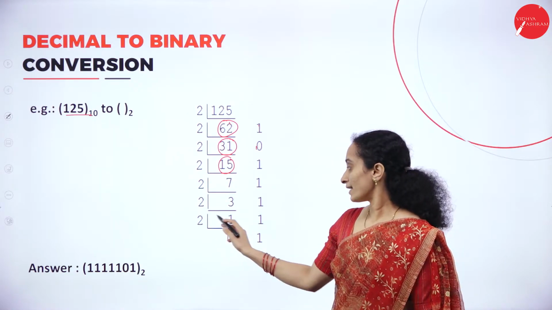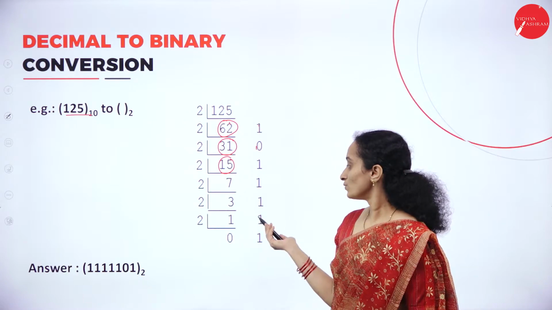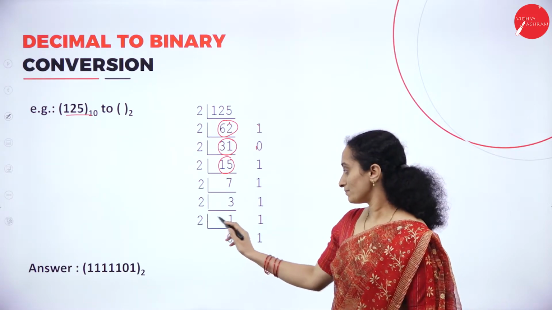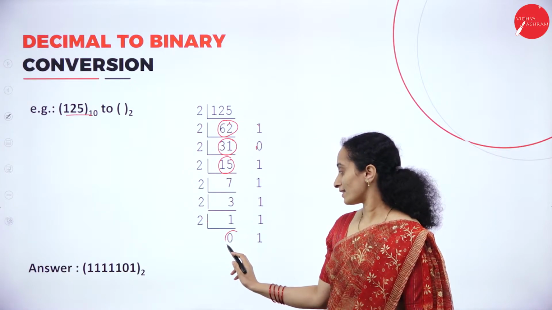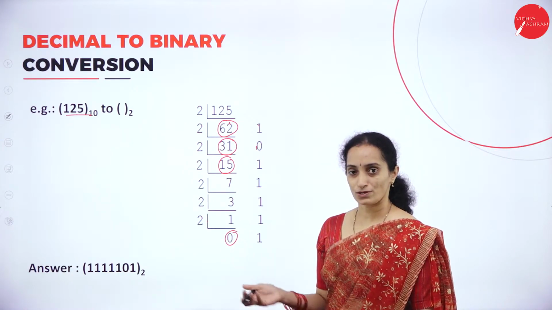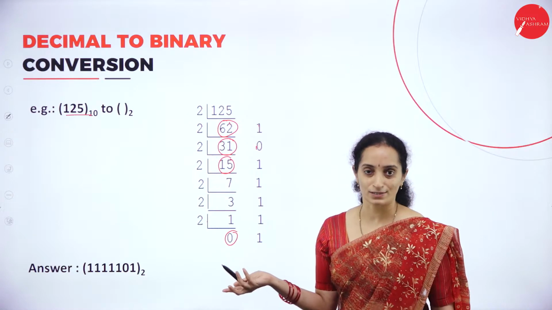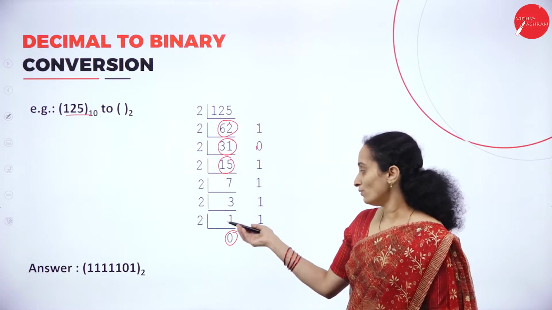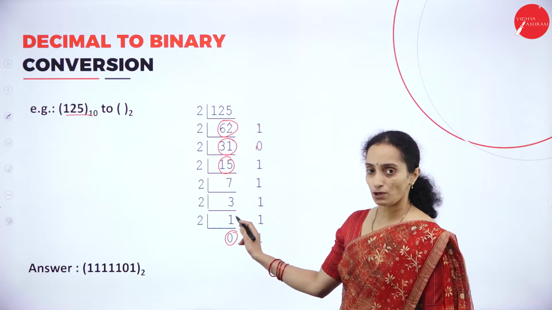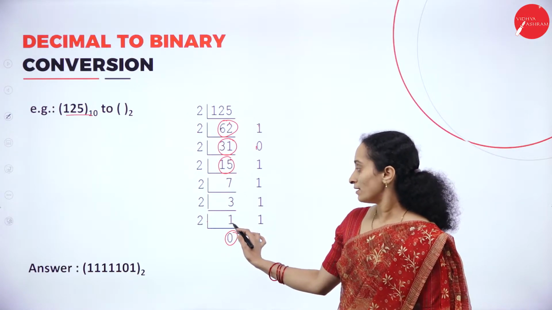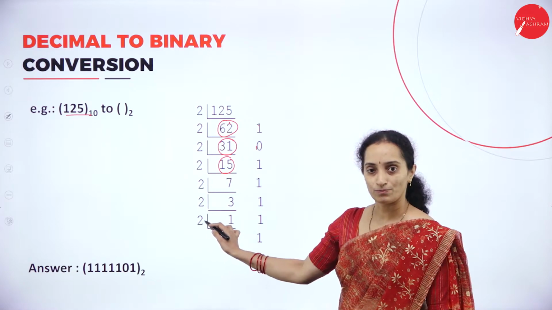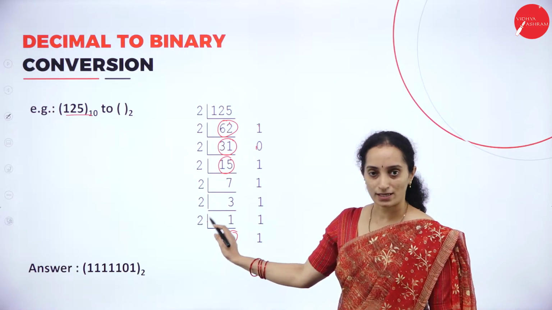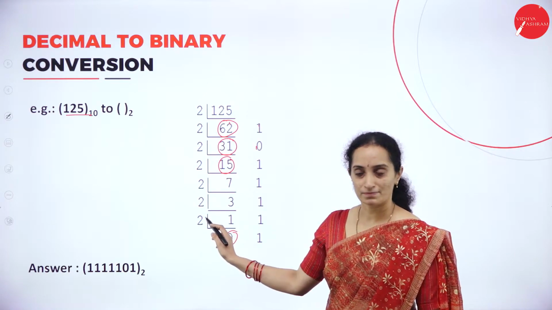Again, 1 divided by 2: you can't continue, because a number cannot be divided by a larger number. So, you can stop the operation here because 1 is less than 2. When the quotient becomes less than the base number, you can stop the division.